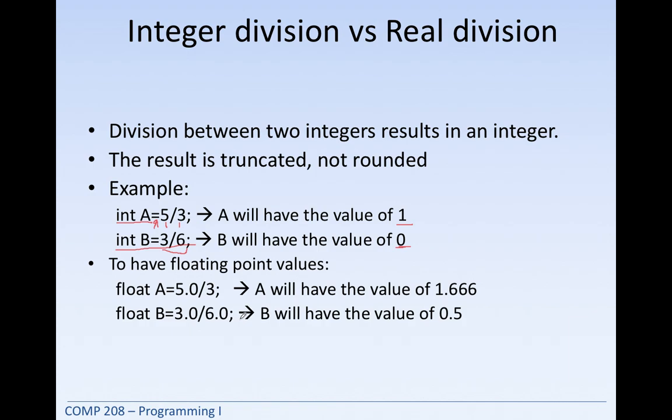To have floating point results, in order to keep the decimal point, you have to have at least one of either the dividend or the divisor be a float.